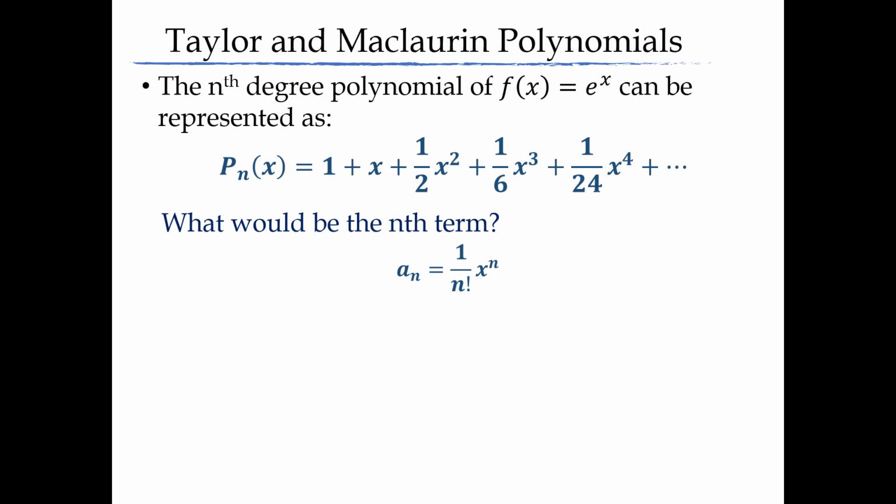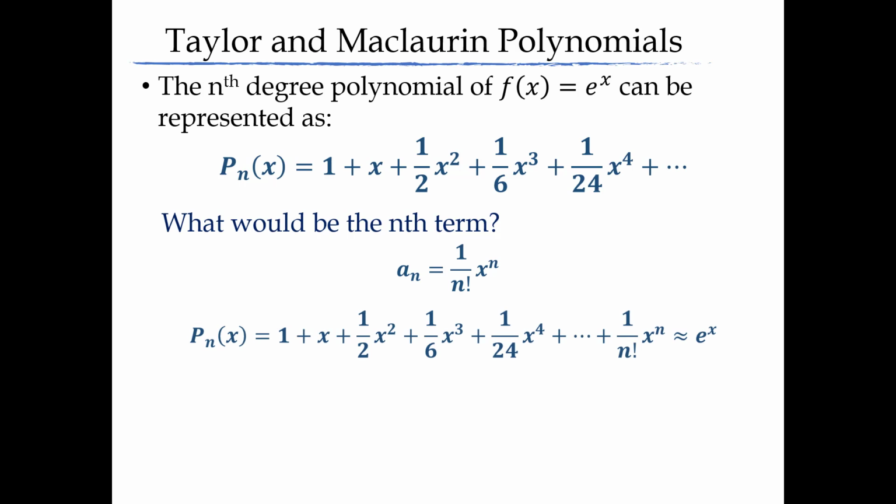In this case, the nth term is 1 over n factorial times x to the nth power. So we could say that our polynomial of any degree, we could have a 5th degree polynomial, we could have a 100th degree polynomial, we could have a 1000th degree polynomial. All we have to do is follow this pattern until we get to n, which is the degree of our polynomial, which is approximately e to the x power.